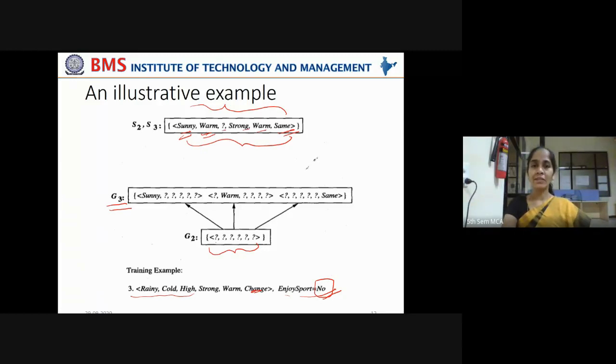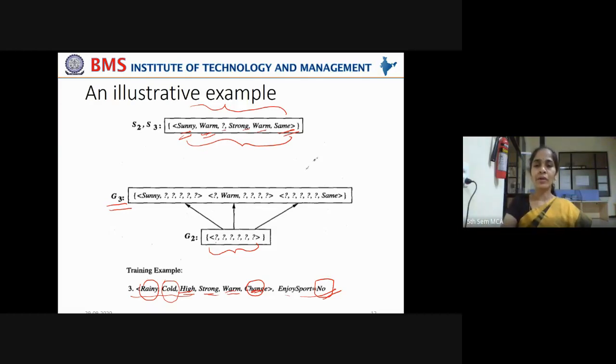In that case, observe the new training example. Sunny, there is no sunny here, okay? It has changed. Cold, it has changed. And in this case, same, it has changed. For the other things, it is left as it is. So you have the more general hypothesis for that.